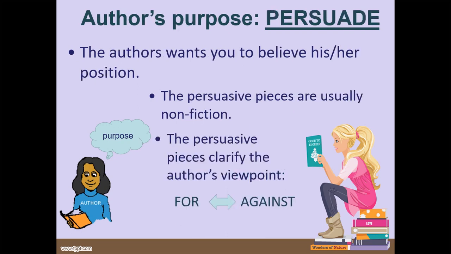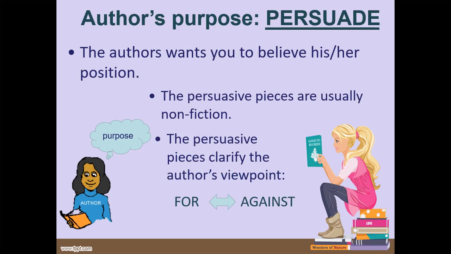Now let's move to the second category of the author's purpose. It is to persuade. So, when the author's purpose is to persuade, that means the author wants the reader to believe his or her position. The best example is here. Let's say the toothpaste Colgate advertisement.